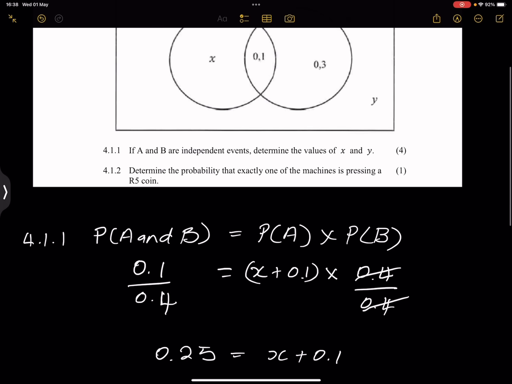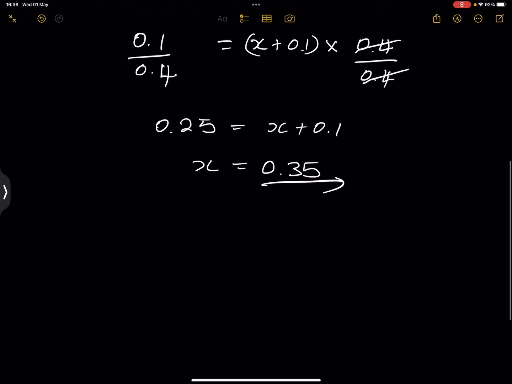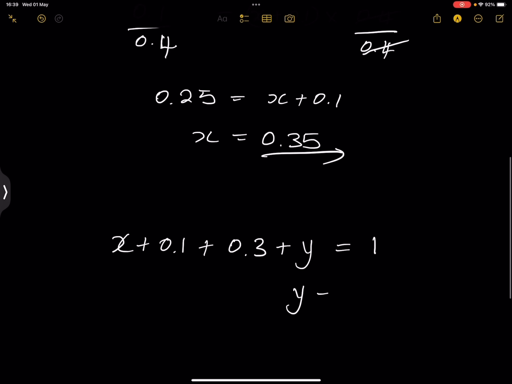So now we know that X plus 0.1 plus 0.3, okay, plus Y would be equal to 1. Okay, so Y would be 1 minus, so remember our X value was 0.35.